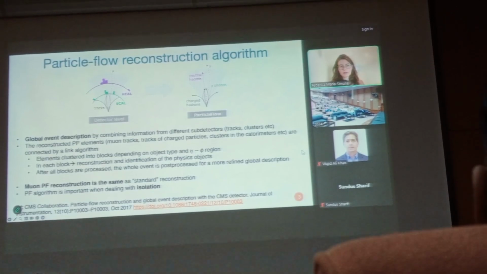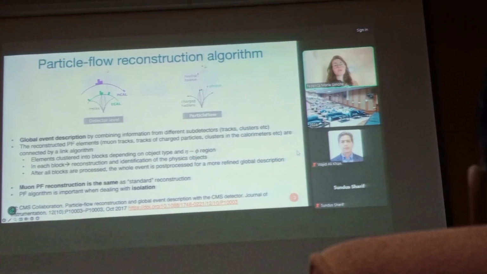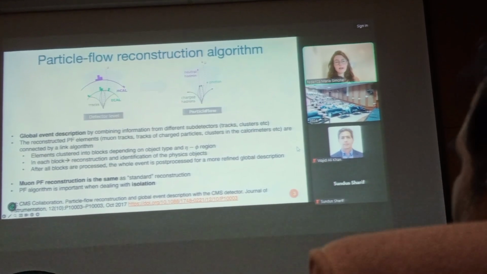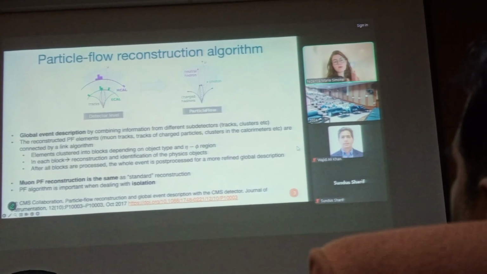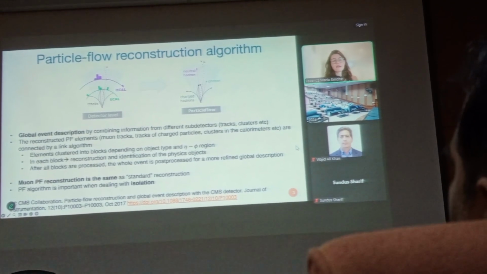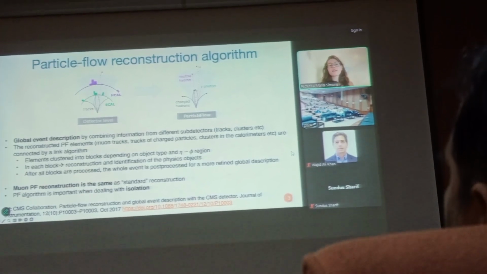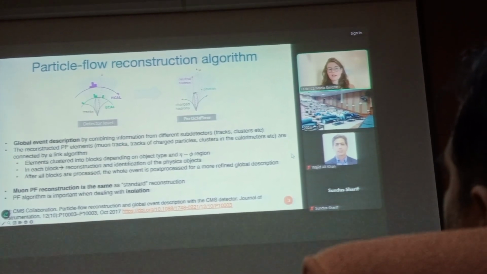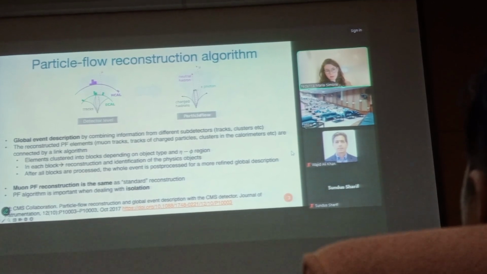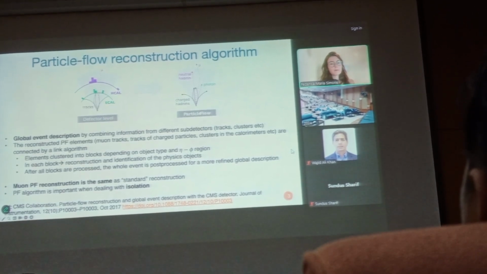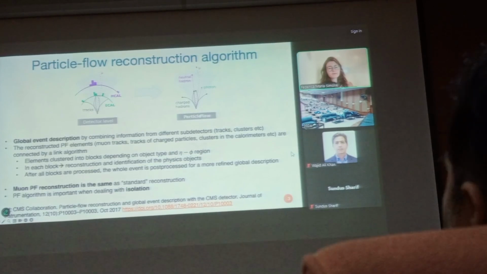This is called particle flow, and this is very powerful because it allows for connecting all the objects. So, for example, we are reconstructing muons, but we also know how much activity is in the calorimeters surrounding the muon, so we can define what we call isolation, that I'm going to define better in a few slides.